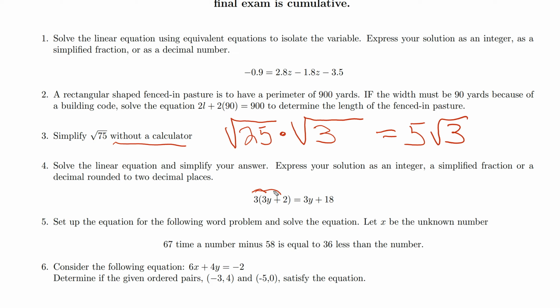All right, number 5. Set up an equation for the following word problem and solve the equation. Let x be the unknown number. So 67 times the number, we're saying x is the number, minus 58 is equal to 36 less than the number.